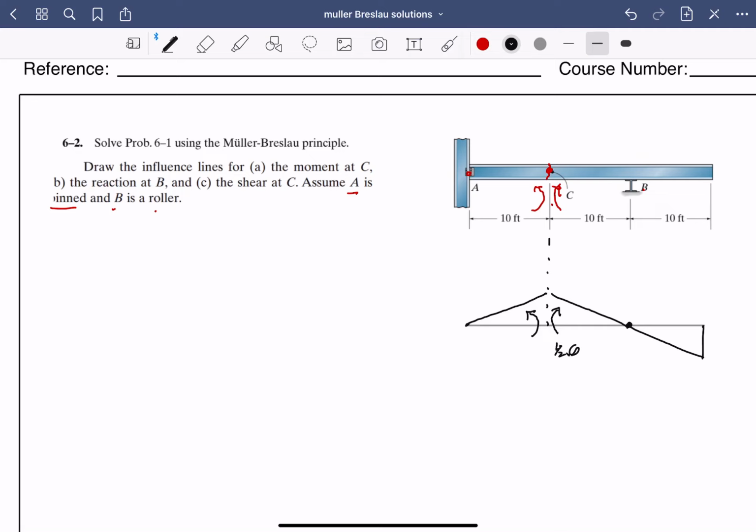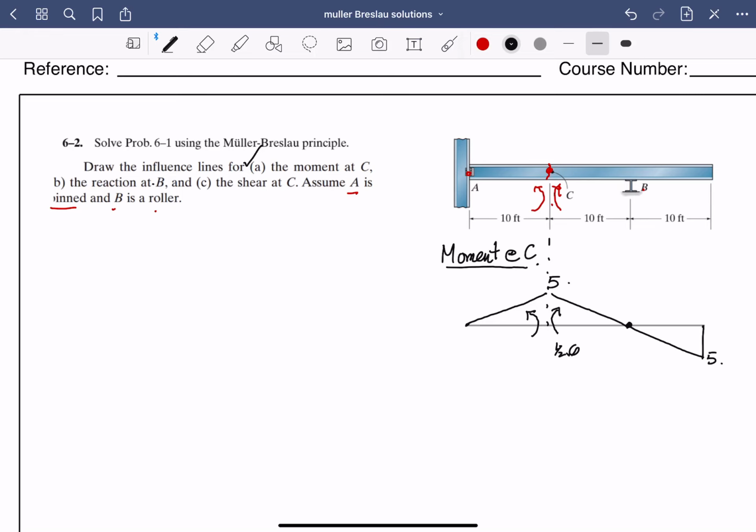So pretty much what you're going to have is a magnitude of 5 there. And it should be equal and opposite, 5 there. Okay, so that's A. And we will write this as moment at C.